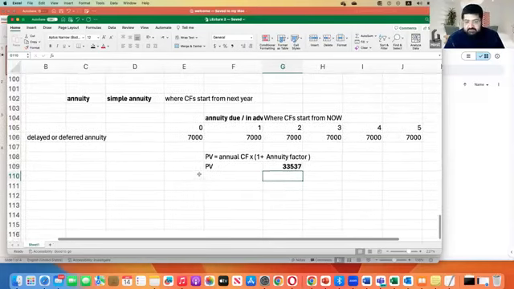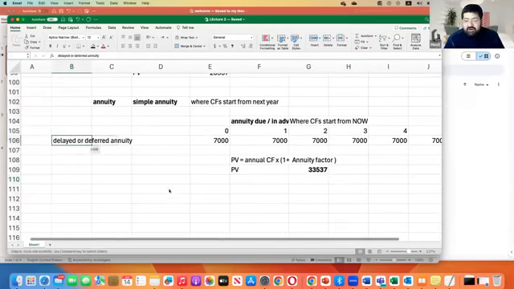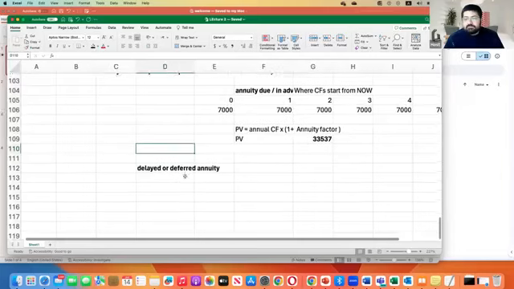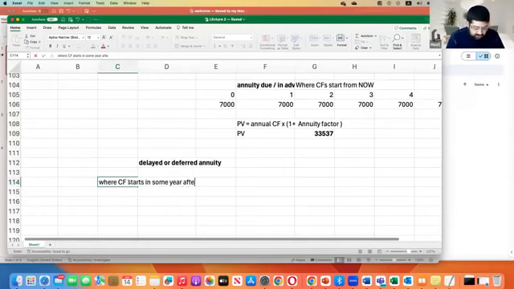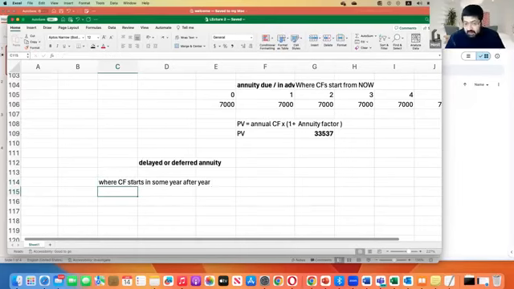The next point is delayed or deferred annuity, where cash flow starts in some year after year one. In any year, but not in year one. Later on.